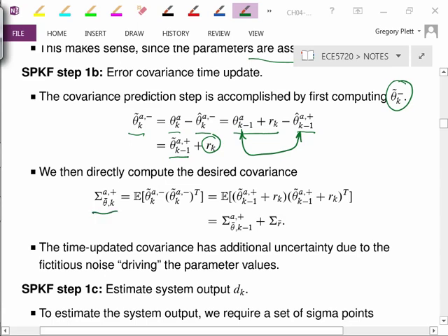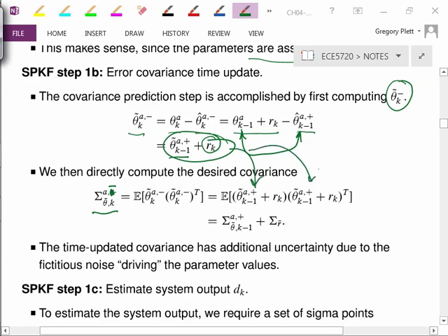We want the covariance of the prediction error. I see that I have an error here. Sorry, that should be a minus. So the prediction covariance is equal to the expected value of the prediction error times prediction error transpose. And I put in what that equation is in two places.